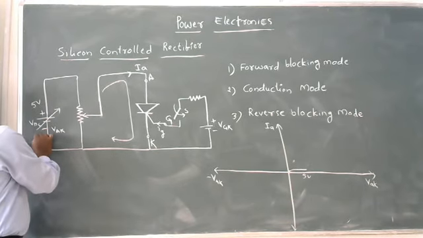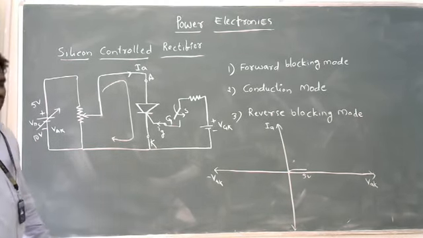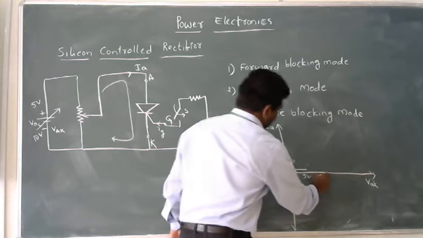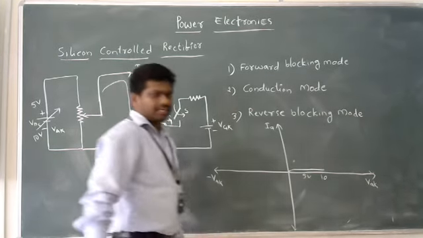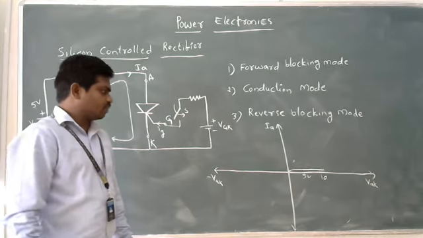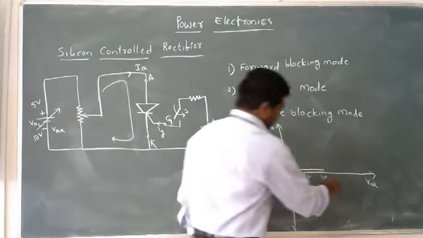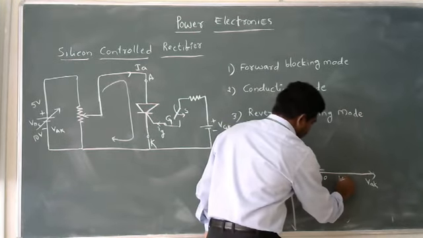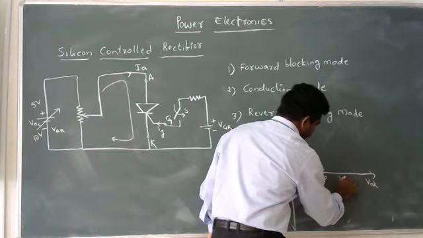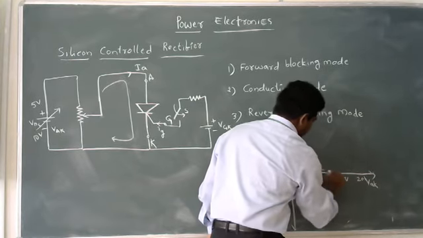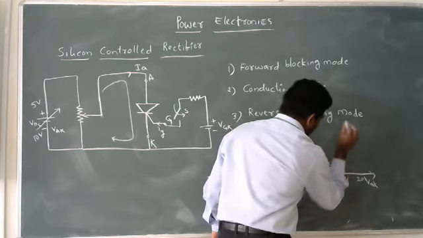Next I give 10 volts. For 10 volts also this device won't conduct. I further increase the value to 15 volts, 20 volts, like that.